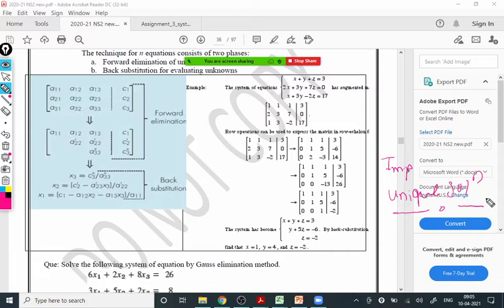Whatever methods we are learning are actually programming methods. All of you already use a scientific calculator. In it, there is a mode where you can solve a system of equations, and behind the screen these algorithms are working. The programming is made with the help of these algorithms.